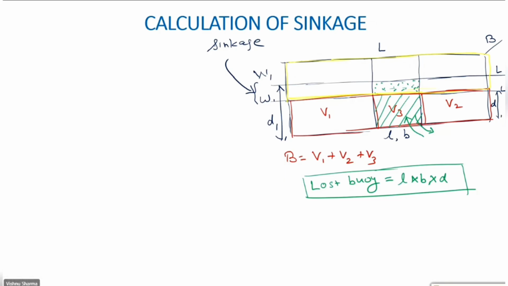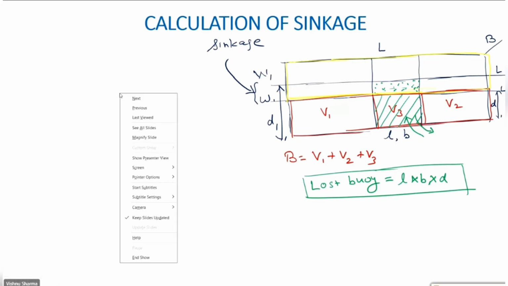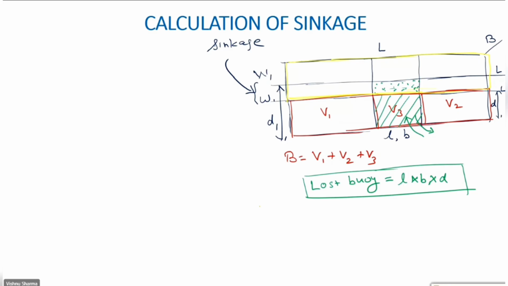Okay. Now I'm going to mark what is the new volume that has additionally got immersed. The additional volume that has gone under the water because of the sinkage is 1, this one, 2, this one, and 3, this one.